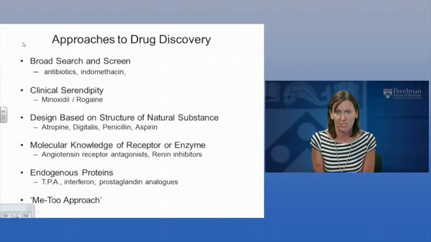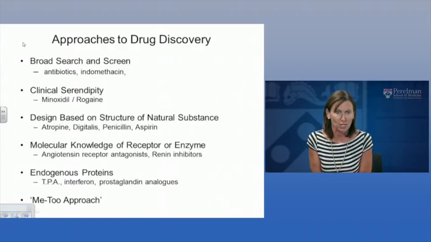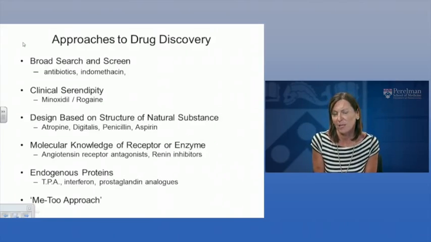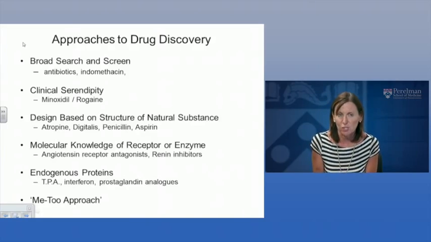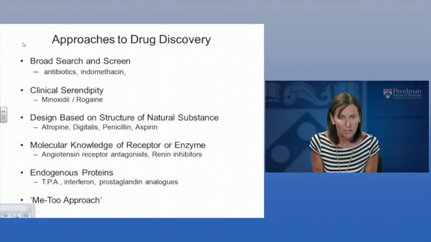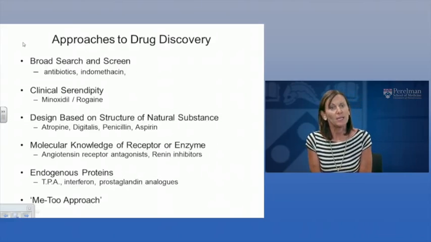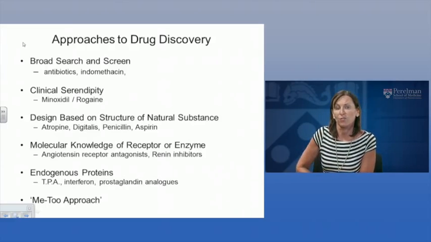Endogenously occurring proteins. Our clotting cascade invokes a molecule called tissue plasminogen activator, TPA for short. Tissue plasminogen activator plays a very important role in breaking down clots. Patients who have experienced an acute myocardial infarction as a result of a thrombus formation in their coronary circulation, or a stroke in their cerebral circulation, can be given TPA intravenously as a way to try and dissolve the clots.